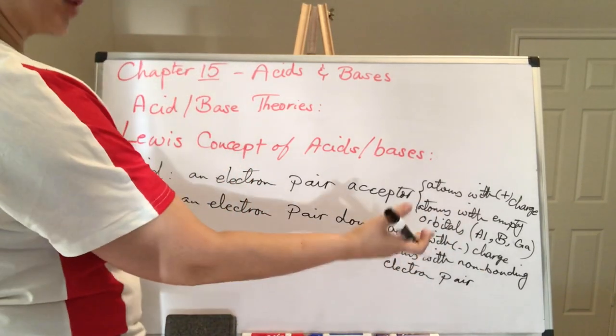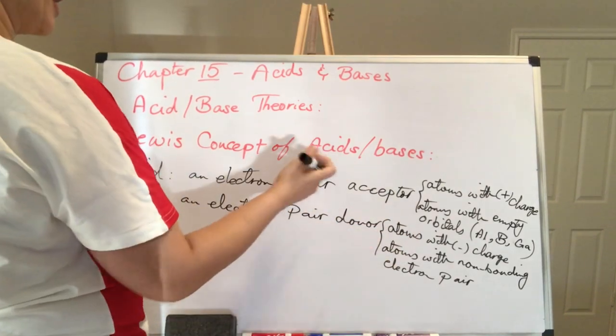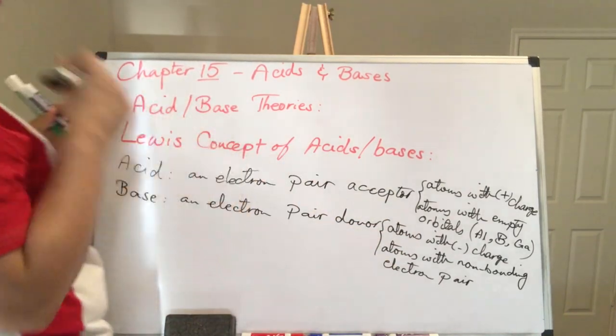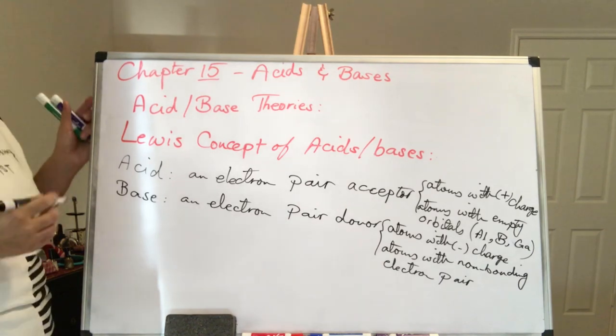So an electron donor should have a good source of electrons, and an electron acceptor should have room for accepting those electrons.